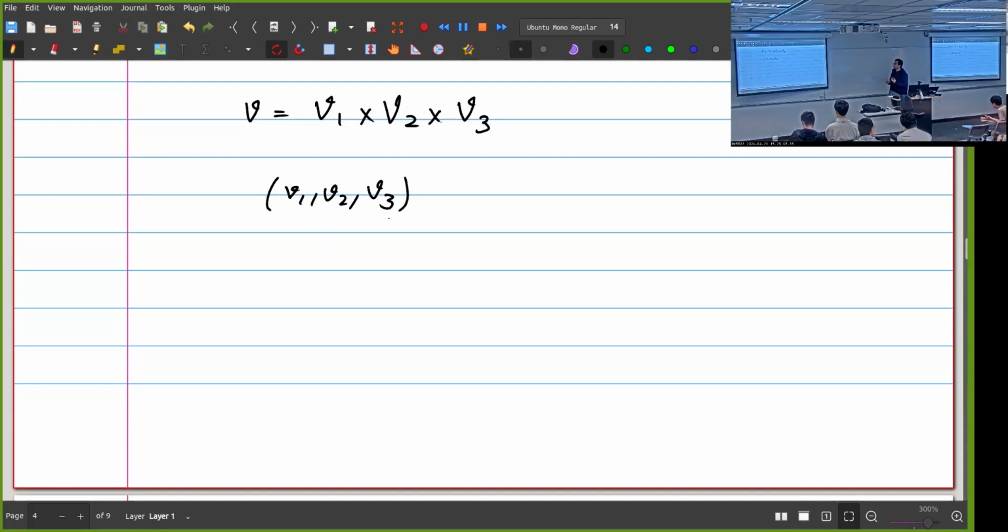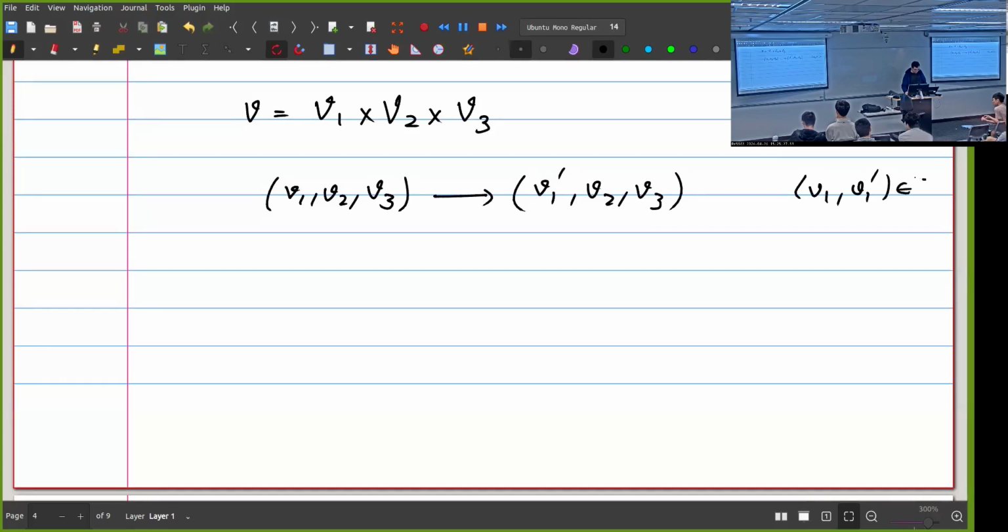So let's say I'm at V1, V2, V3. This would be the state of my game. Now, from this state, where can I go? I said that we can move in one of the three graphs. So from here, I can either go to V1 prime, V2, V3, where there should be an edge from V1 to V1 prime in the first game, so V1, V1 prime should be in E1. Or I can make the move on the second component. So I can go from V1, V2, V3 to some other vertex, but I will keep V1 the same, I will change V2, and I will keep V3 the same.